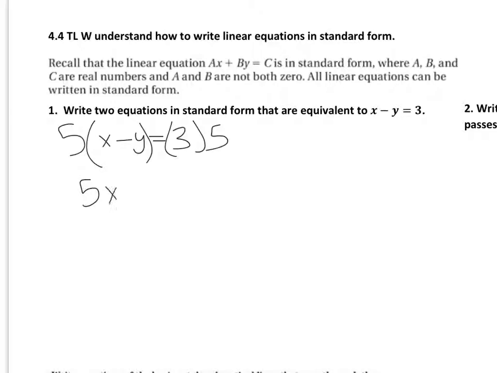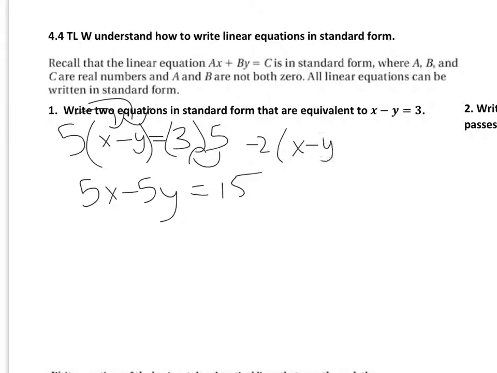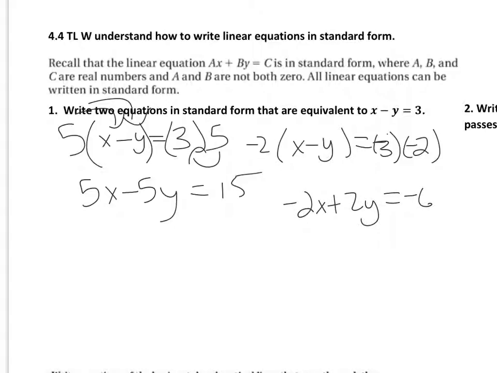So I go 5x minus 5y equals 15. They're the same equation. If I wanted to, I could say negative 2. Multiply both sides of the equation by negative 2. So I get negative 2x plus 2y equals negative 6. It's the same equation, okay?